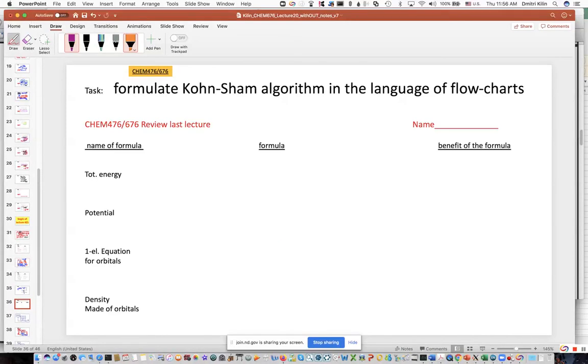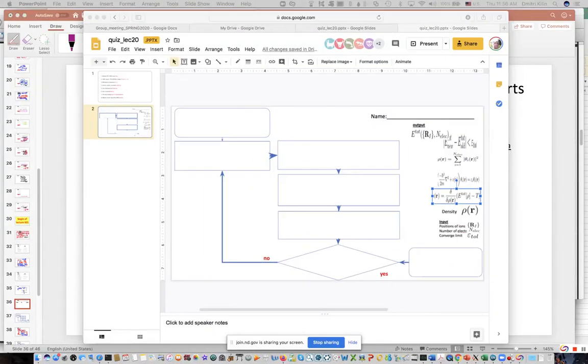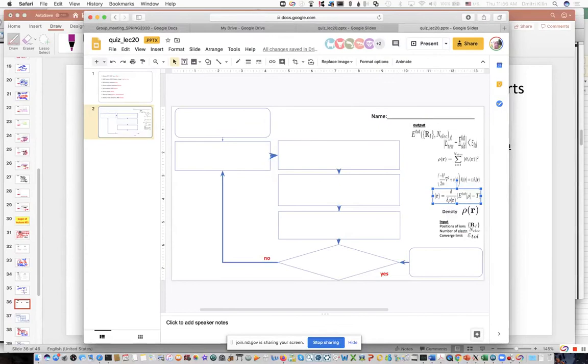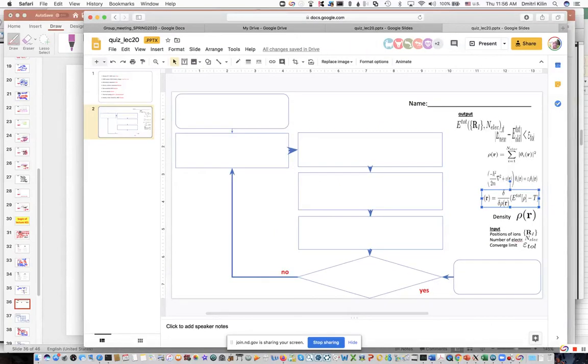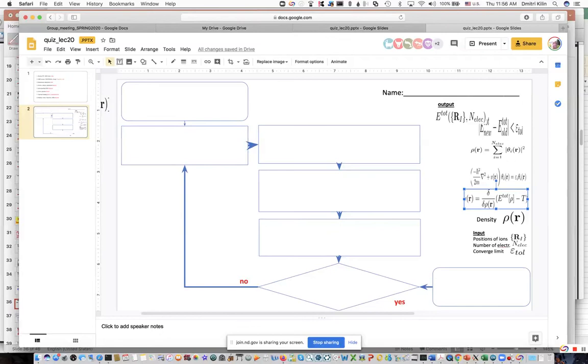Okay, let me bring back the Google Drive document. So on the left panel, you do have all components, and you have the round part for input and output, and you do have the diamond for condition, and all equations.